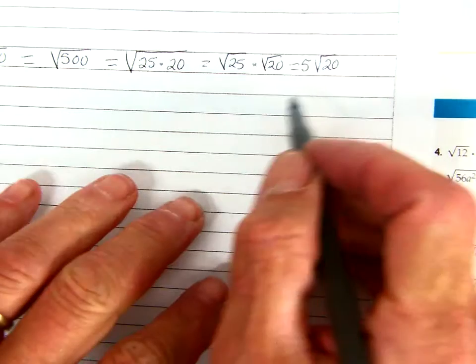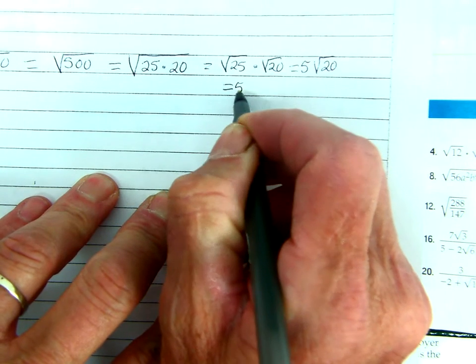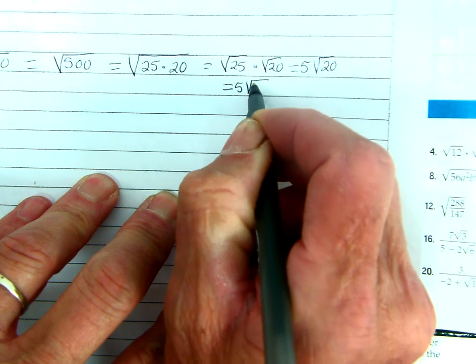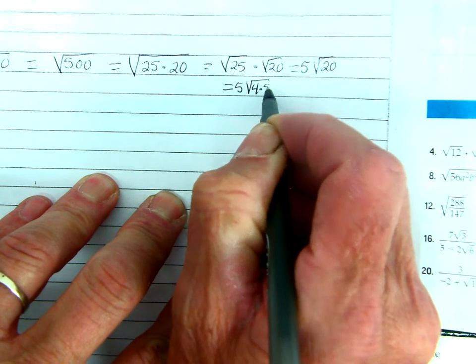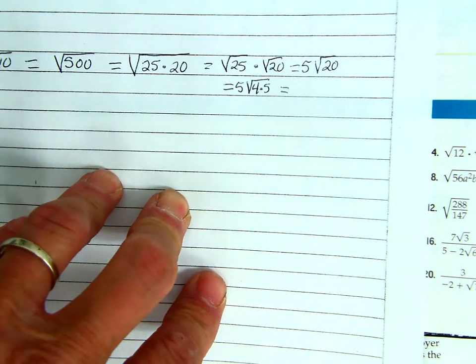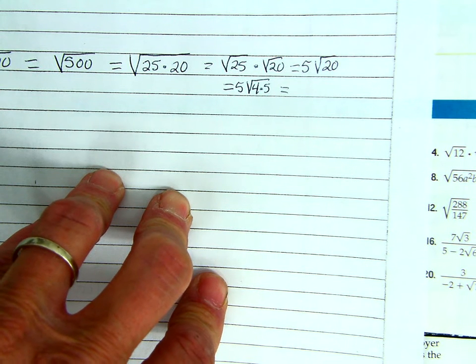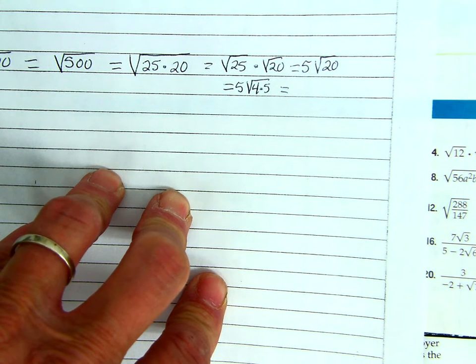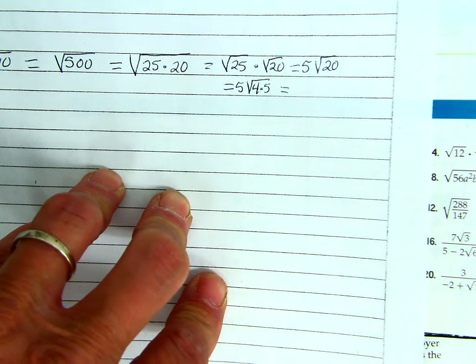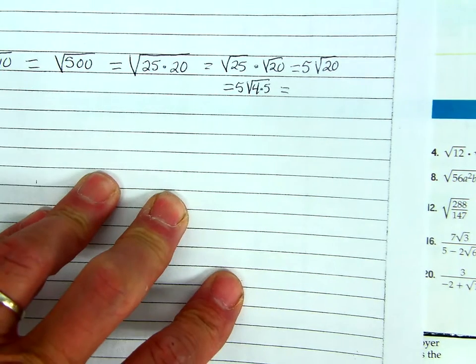All right, so let me write that out as another step. So it's going to be equals 5 times the square root of 4 times 5. The square root of 4 is 2, so we're going to bring a 2 out, and it gets multiplied to the 5.